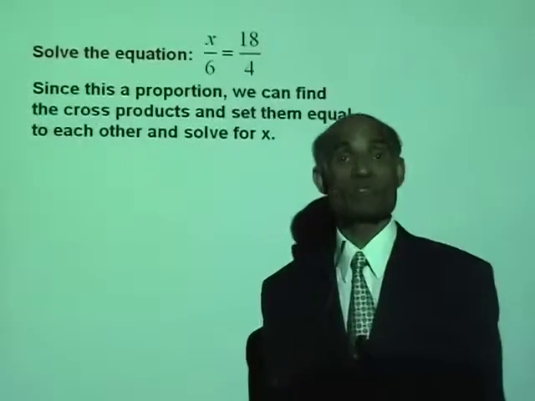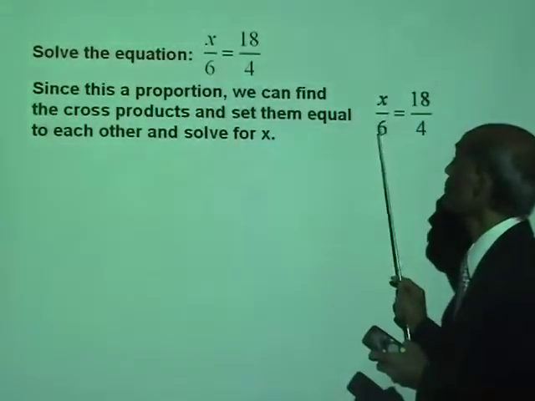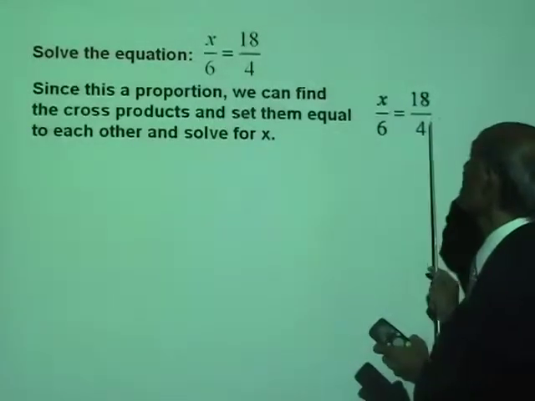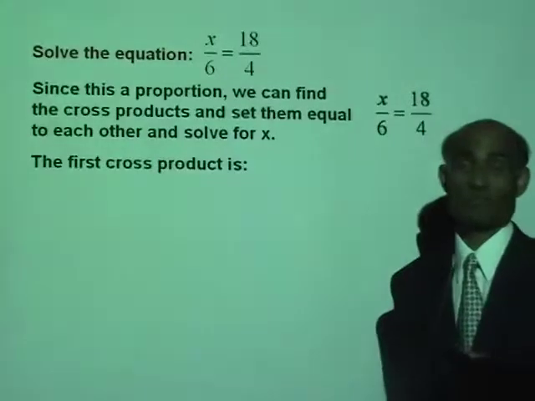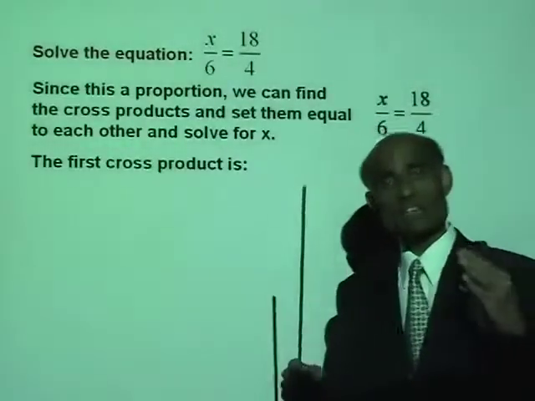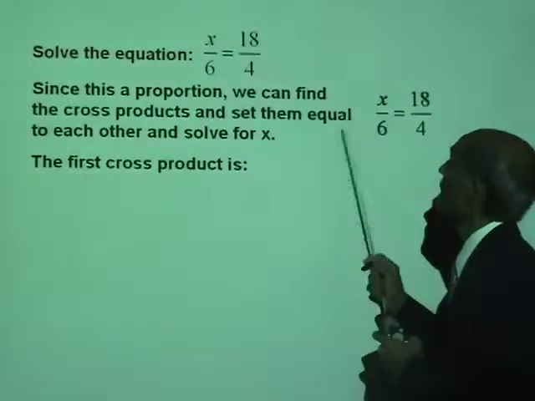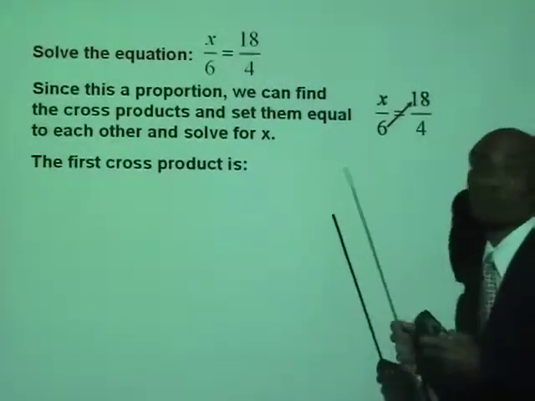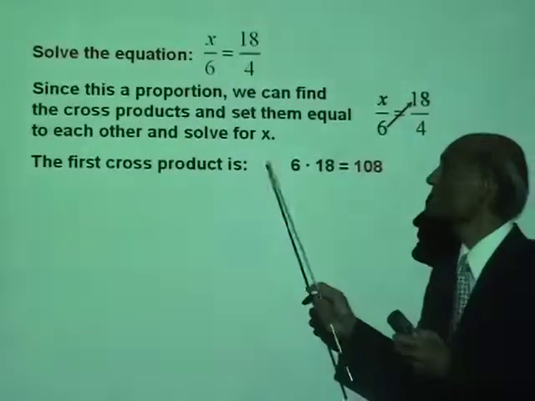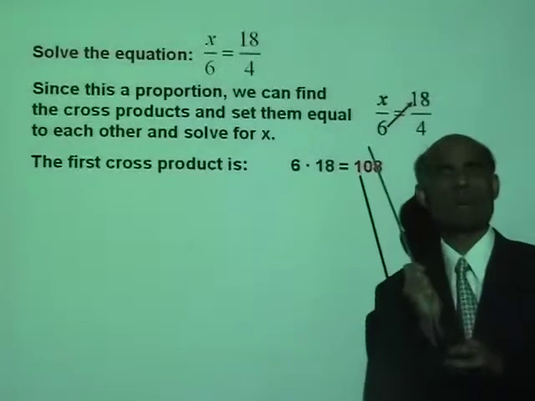That's the method we will use. Alright, take the first cross product. As I told you, you can take it any way you want, either that way or this way. The first cross product, let's take it as 6 multiplied by 18. What is 6 multiplied by 18?